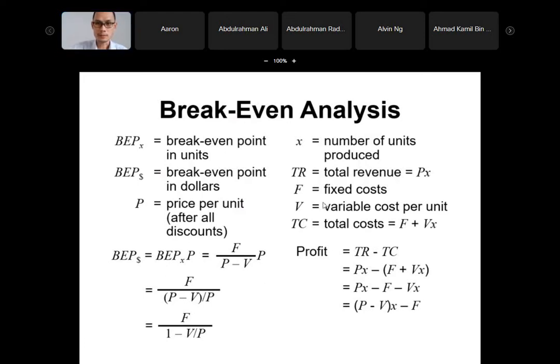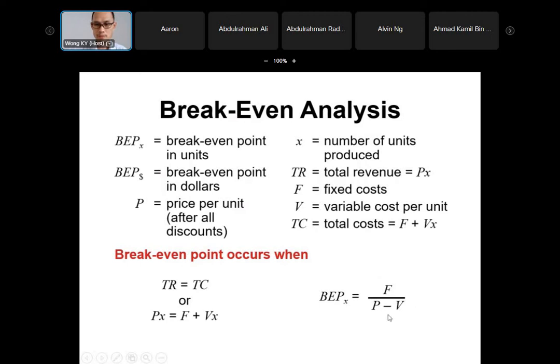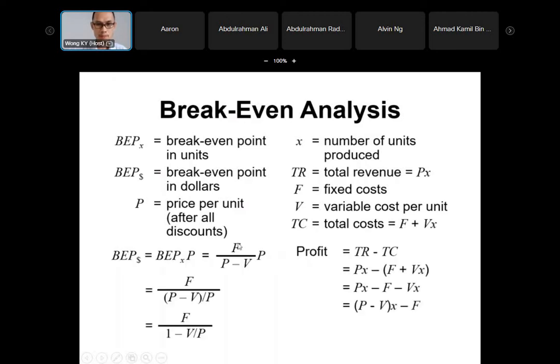BEPX we have calculated; if you look at the previous slide, BEPX is F divided by P minus V. So F divided by P minus V, times P. If we rearrange that, and divide the numerator and the denominator by P, we get F divided by P divided by P is 1, and then V divided by P. So this is another formula that you have to remember: BEP in dollars equals F divided by 1 minus V divided by P.